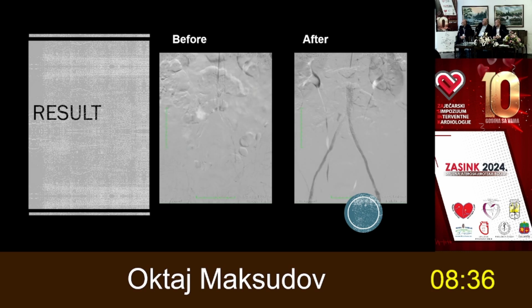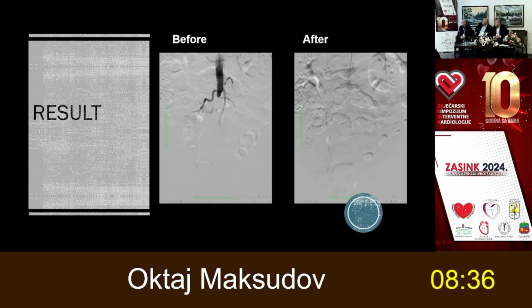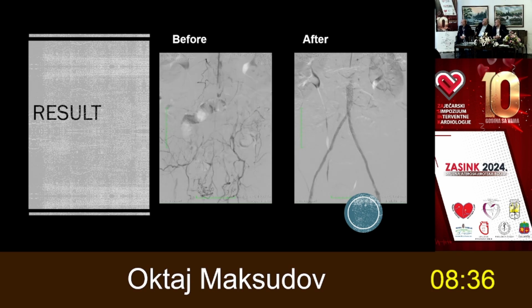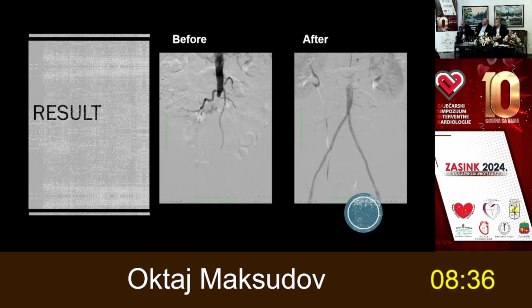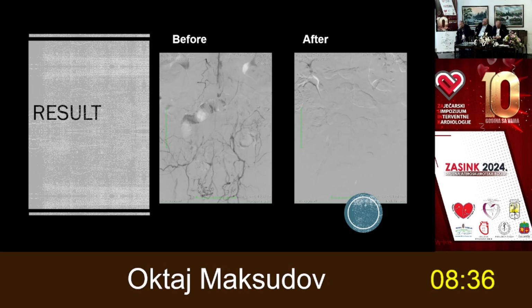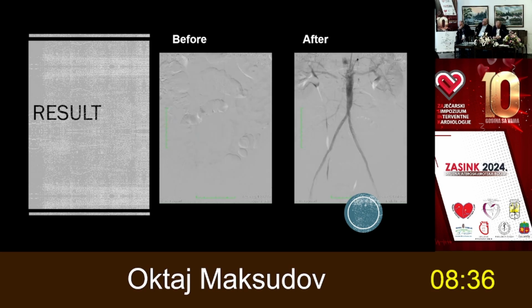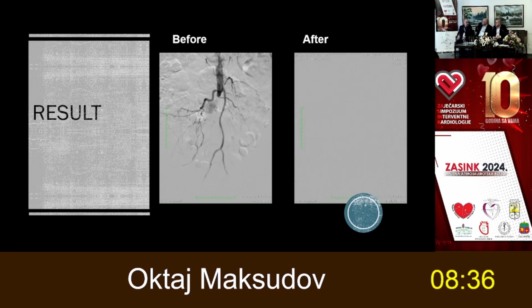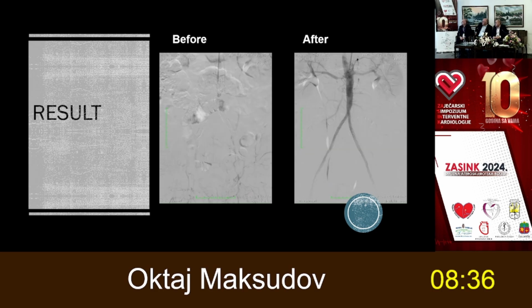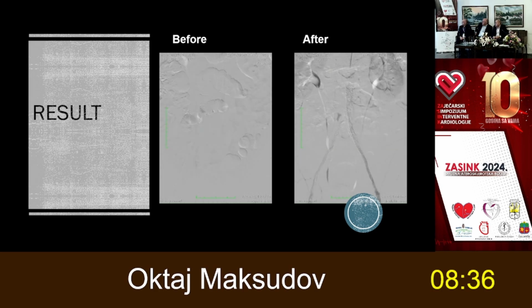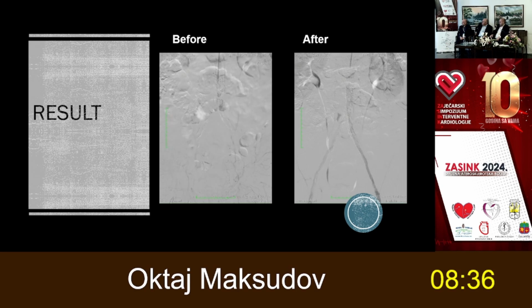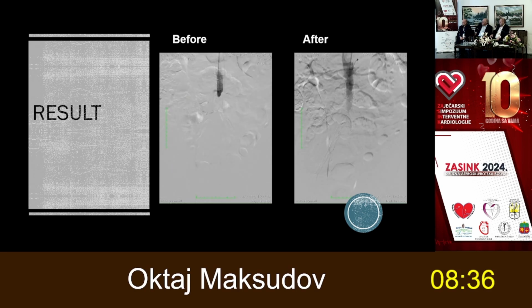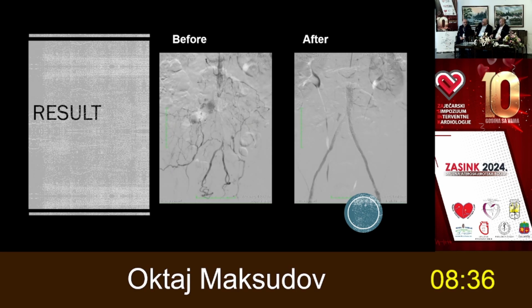Why not leave this in this way? The problem is that when we have to remove the sheath, and this is a significant size sheath, a 7 French sheath from the femoral, and to compress this dissection, there is a significant chance of thrombosis of the femoral artery and to appear with acute limb ischemia.